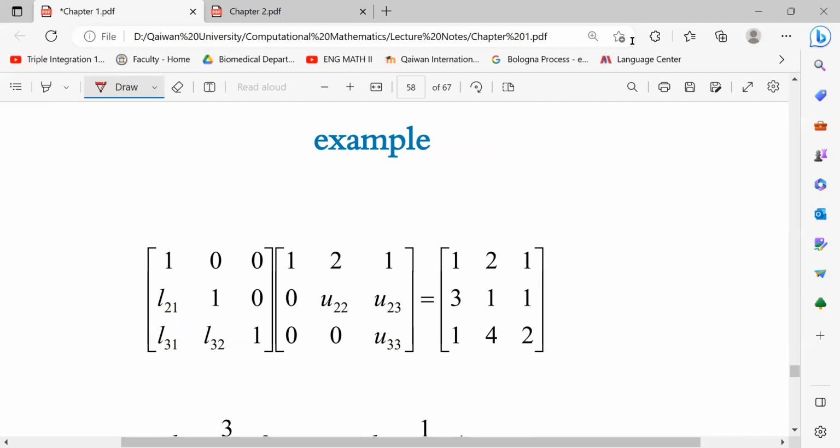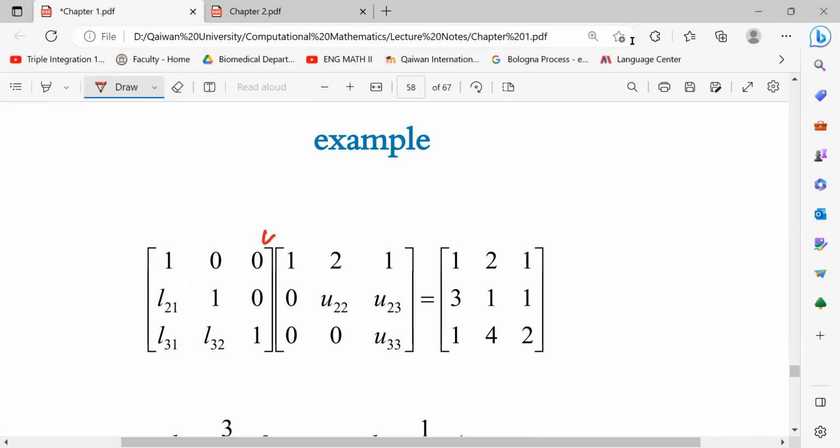Here we multiply this. Look, in the first row, everything is known, and here in the first row, everything is known. In the second row here, if you multiply it by the first column, let's see what we get.